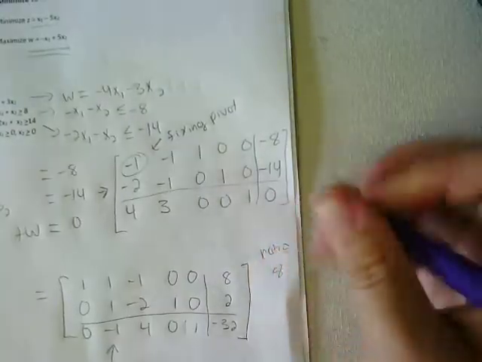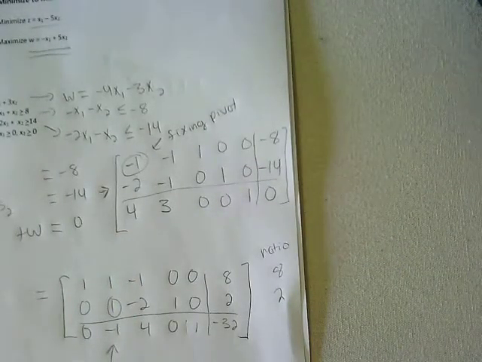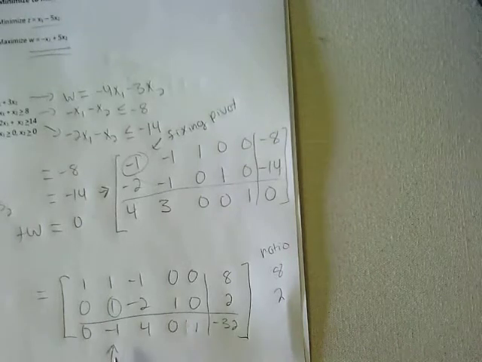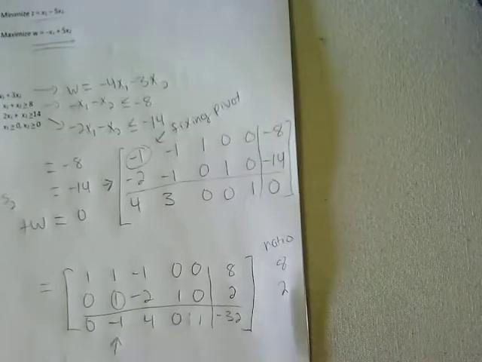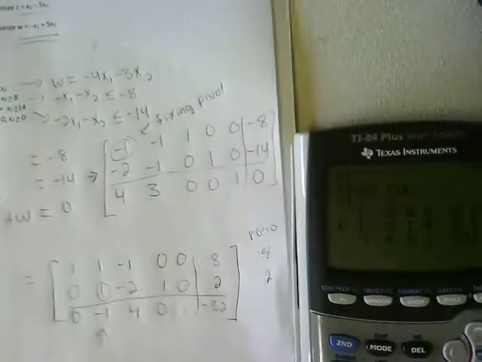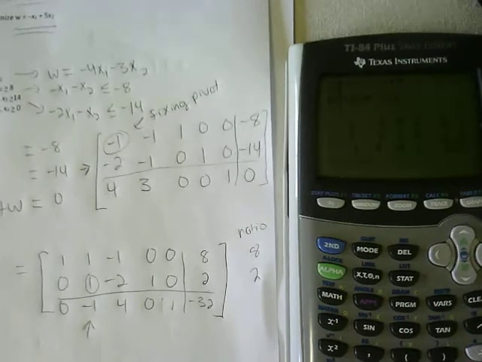This one here will be 2 divided by 1, which is 2. So my smallest ratio will happen on that element, and that means I want to pivot off of row 2, column 2. Since it's already in here, all I have to do is hit PRGM, enter 3 times, and pivot off of row 2, column 2.